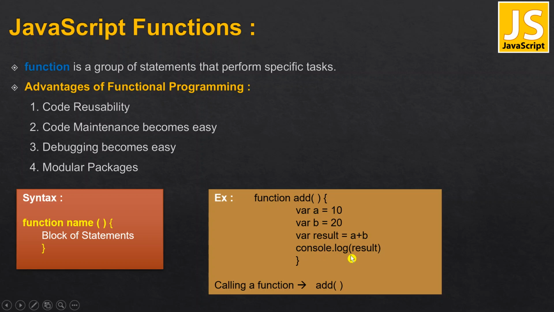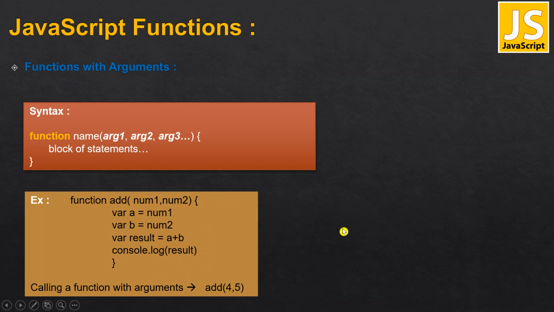Now if you don't want this 10 plus 20 but you want your own user-given numbers to add and then display the result, then to fulfill that requirement the concept of arguments comes into the picture.